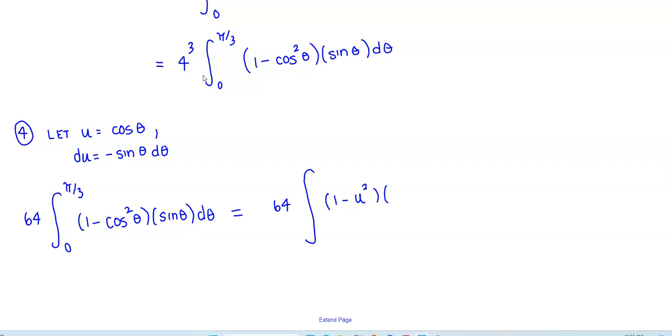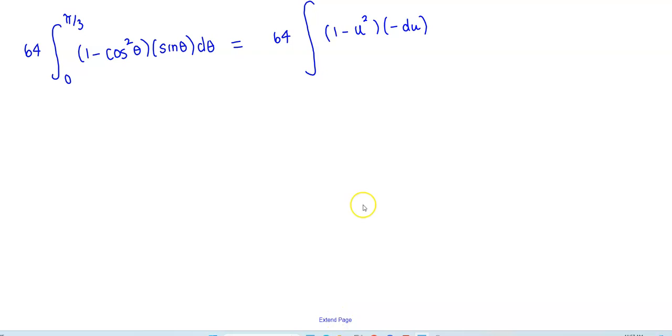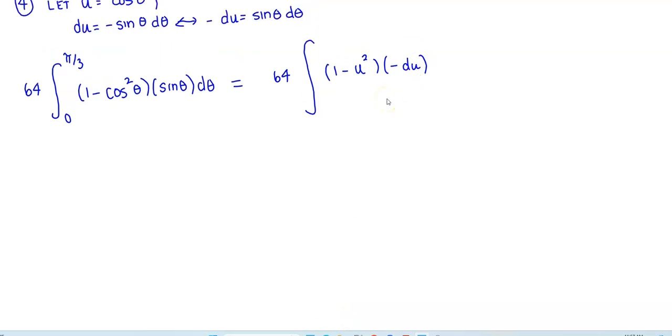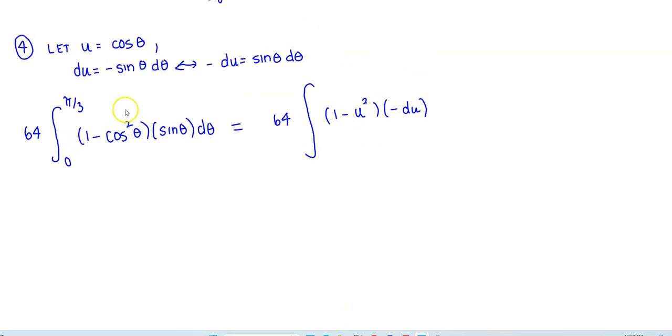So we need to rewrite this to be negative du, which is equal to the sine theta d theta. So that becomes negative du. Now we're going to factor out this negative. Before we factor out the negative, we still need to determine our new upper and lower limits.